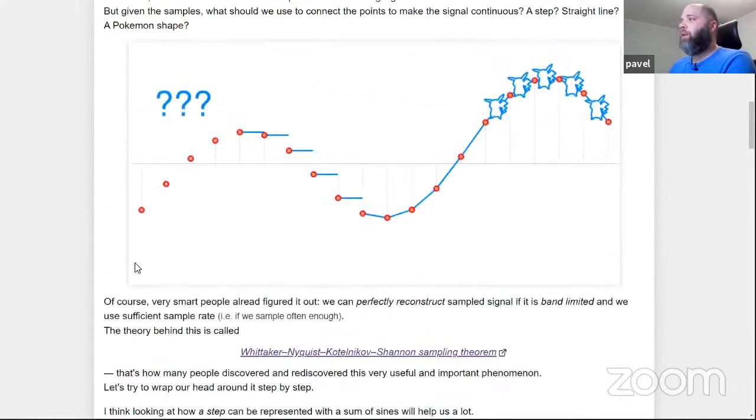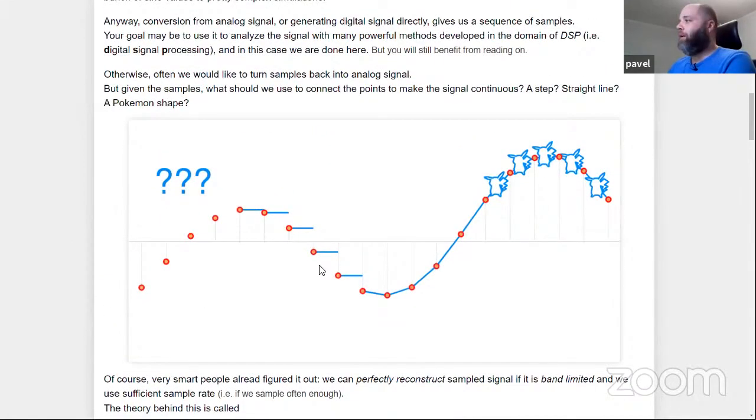So basically all we need to do is use any shape to reconstruct the signal and then pass it through a low pass filter, and we will reconstruct the initial signal exactly, if our initial signal satisfies the constraints, namely it is band limited.